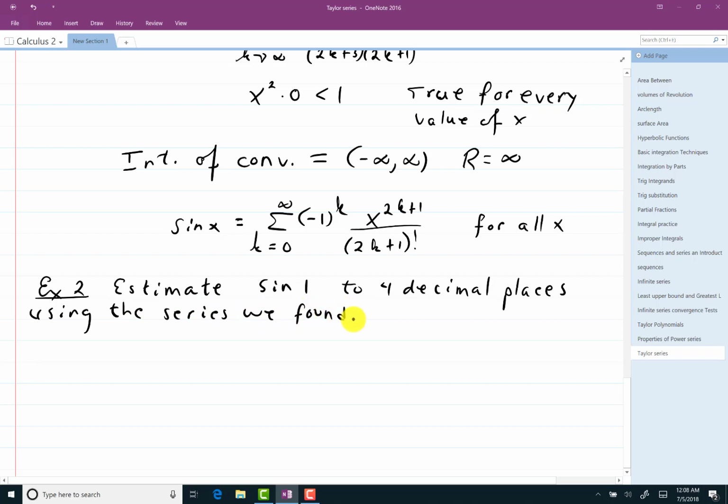And you might find it easier if you wrote it out, like sine of 1 is supposed to equal, remember when k equals 0, we get x, just x, so it's going to equal 1. And then when k is 1, we're going to get negative 1 over 3 factorial, because that'll be 1 to the 3rd. And then I'll have plus 1 to the 5th over 5 factorial, minus 1 over 7 factorial, 1 over 9 factorial, and this goes on forever.